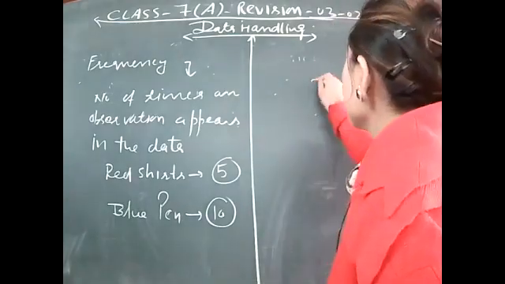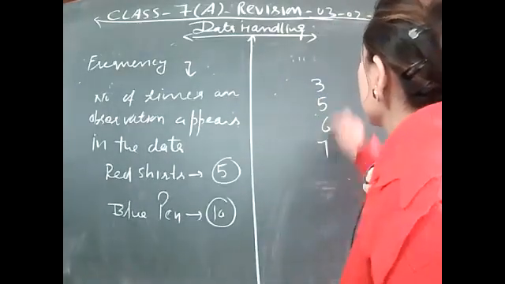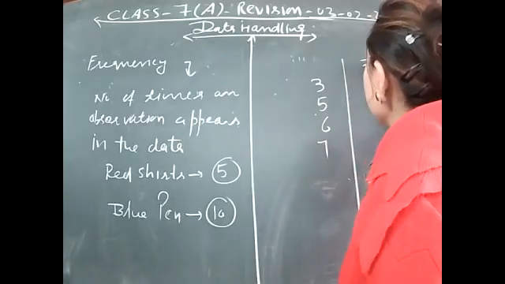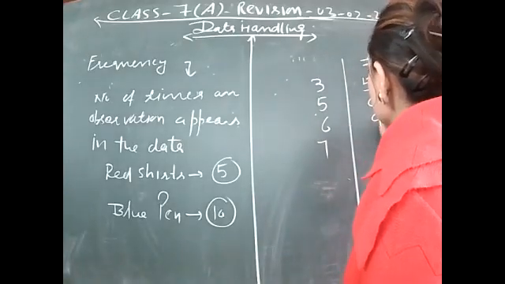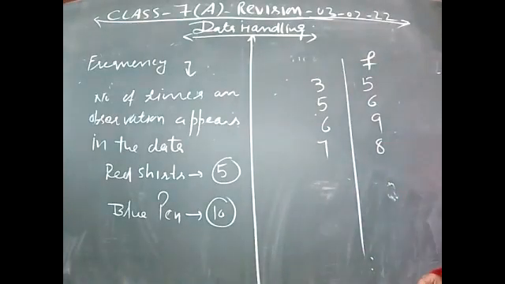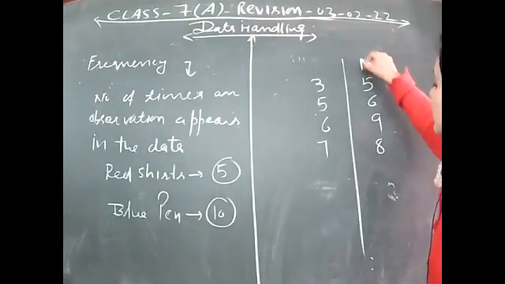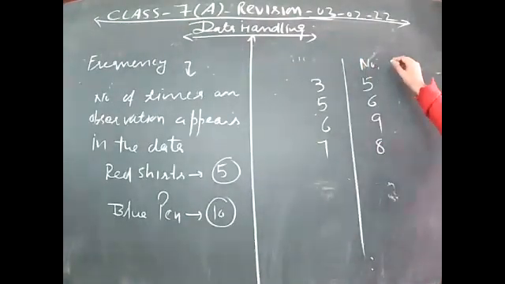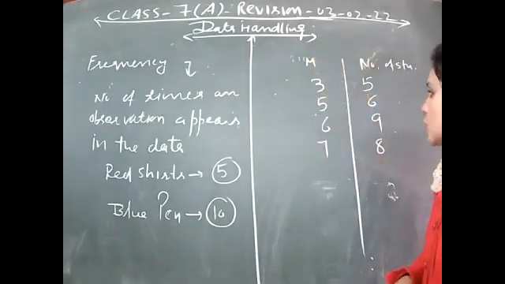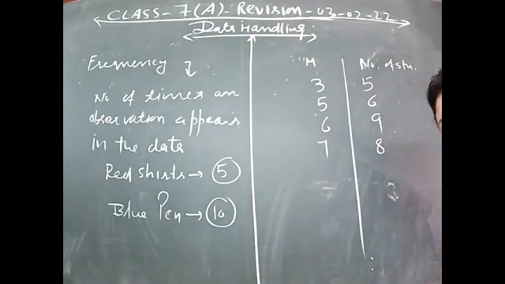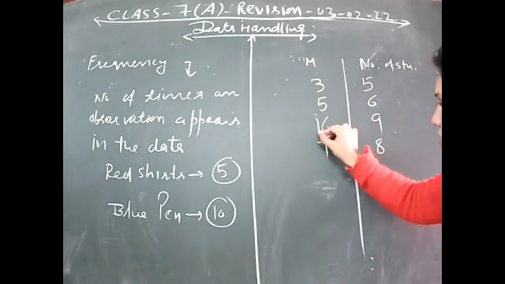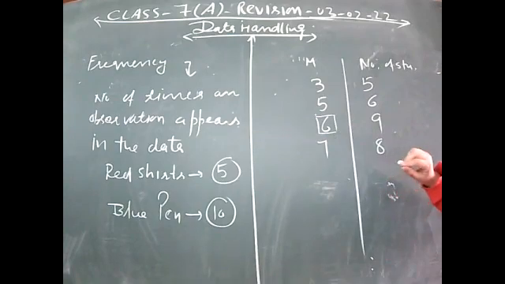For example, suppose I have these observations in my data and this is their frequency. This is marks, this is number of students. So what is the frequency of marks? 6 marks लेने वाले कितने student हैं, उनकी frequency क्या है?